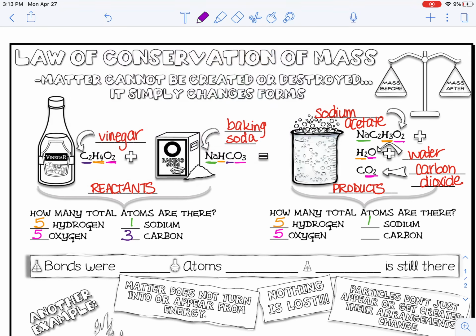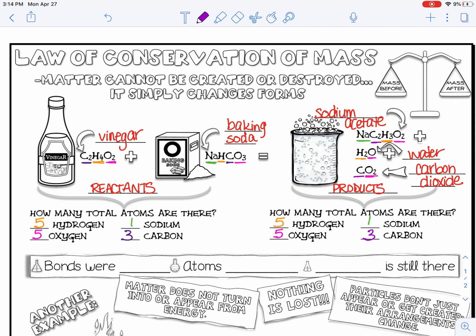And I have 2 carbons here and 1 here, so I have 3 carbon atoms. So if I compare my sides, I have the same numbers of each of these atoms in my reactants as I do in my products. I did not create or destroy any of my matter, it just changed from one form to another.